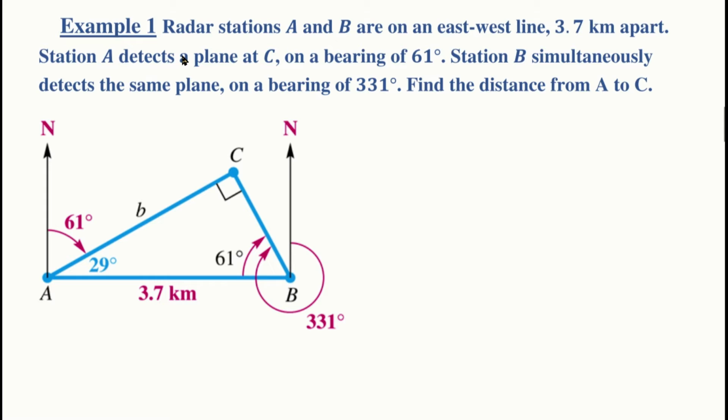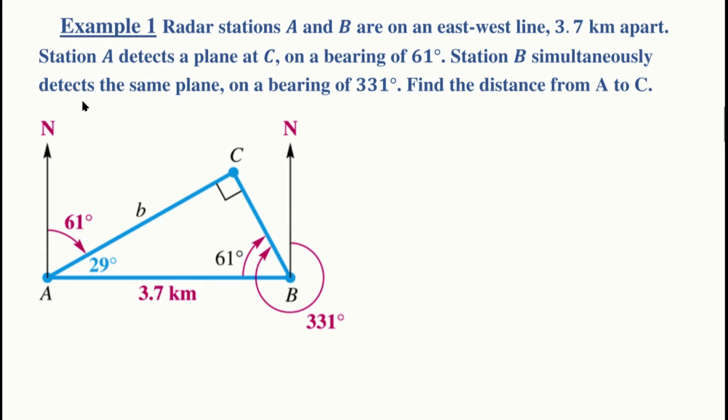Station A detects a plane at point C on a bearing of 61 degrees. So here's station A. From that point, you're going to draw a northbound line or a ray. And from there, you will measure 61 degrees going clockwise.